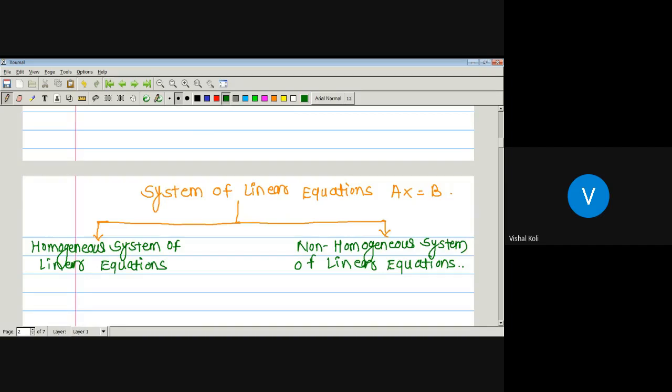If the values b1, b2, up to bm are equal to 0, and capital B is the matrix formed by these elements, then capital B is the null matrix. So if Ax equals the null matrix, then our given system is said to be homogeneous, and if there exists one element in our matrix B which is not equal to 0, then the corresponding system is said to be a non-homogeneous system of linear equations.